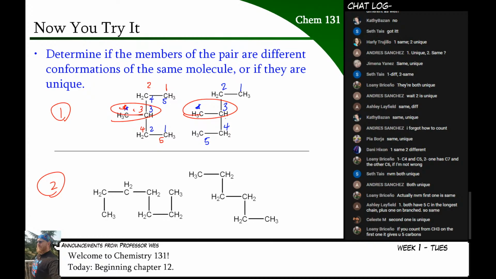And if I were to number this one backwards, the same thing would happen. So these two must be the same molecule in different conformations. All I did to make this molecule in the bottom here was I took this bond and I just rotated it around.